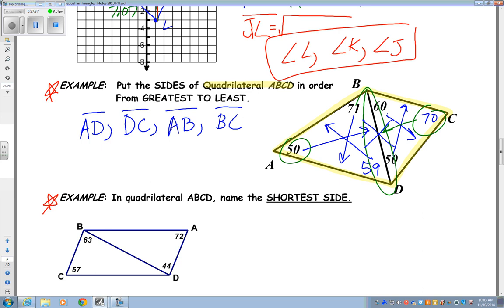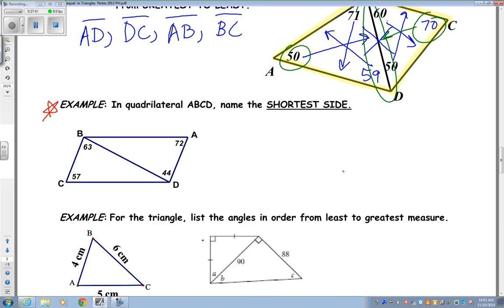I'm dealing with the quadrilateral. All right, if you understand that, you're going to get the next one right. I want you to try the next example and check with your group members that you have it right. Once everyone in the group has it, I'll come by and stamp for points.